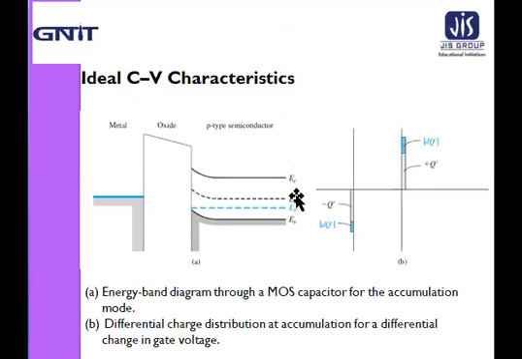Now, what are the ideal capacitance voltage characteristics of this MOS? First, we will consider the ideal characteristics of the MOS capacitor, and then we will discuss some of the derivations that follow from these idealized results.